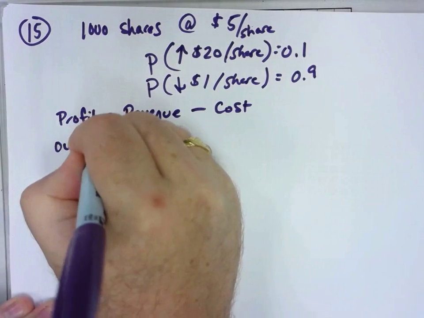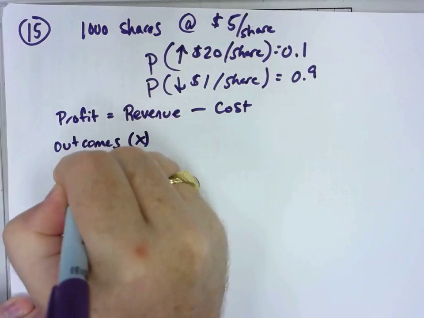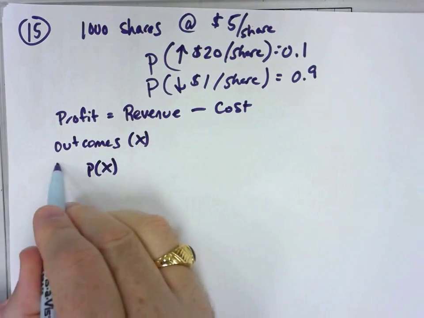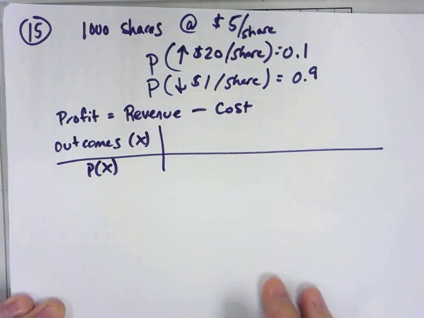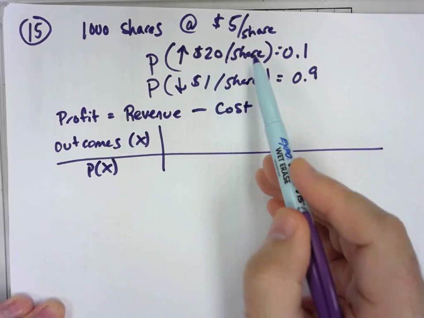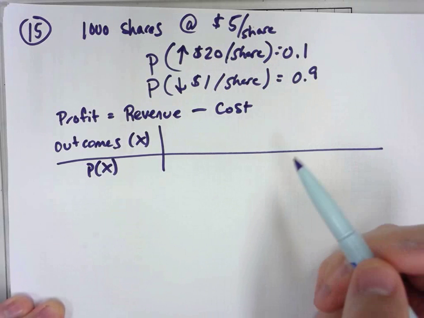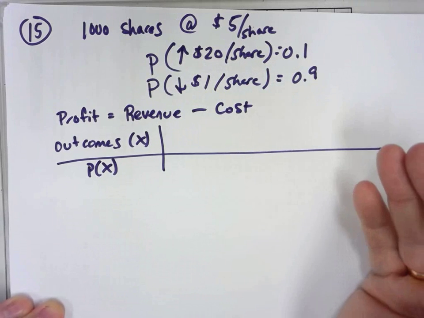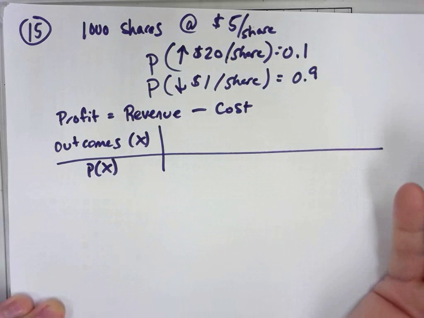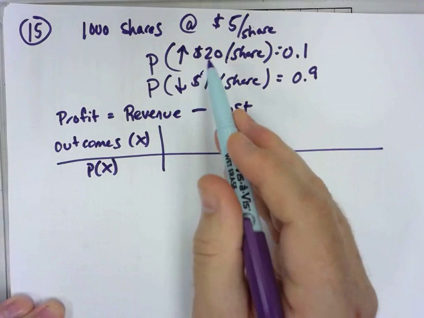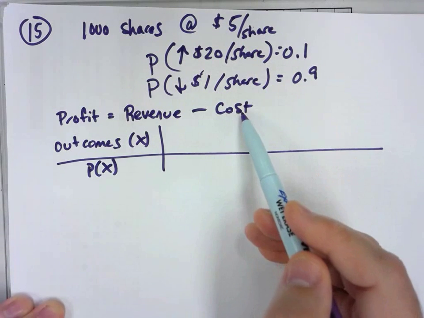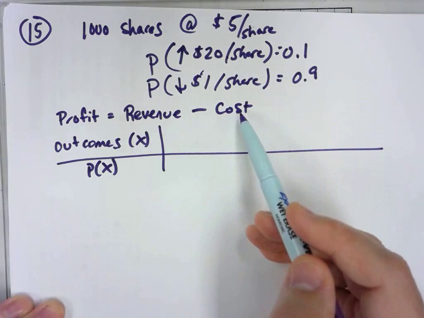We need outcomes, and we need the probability of those outcomes. So I'm looking at first that her share price goes up to $20 a share. So how much is she gaining? What's her profit? Her revenue is $20 minus the $5 that she paid, right?